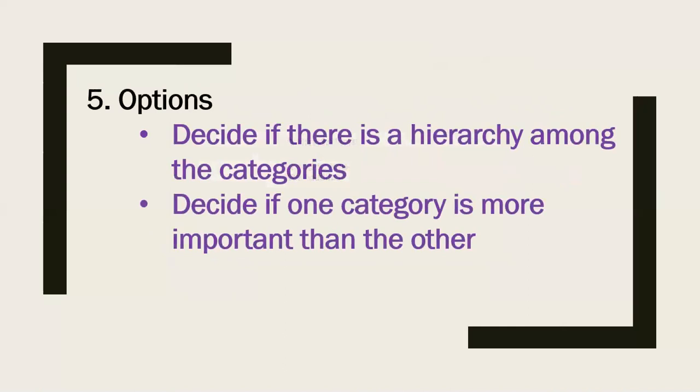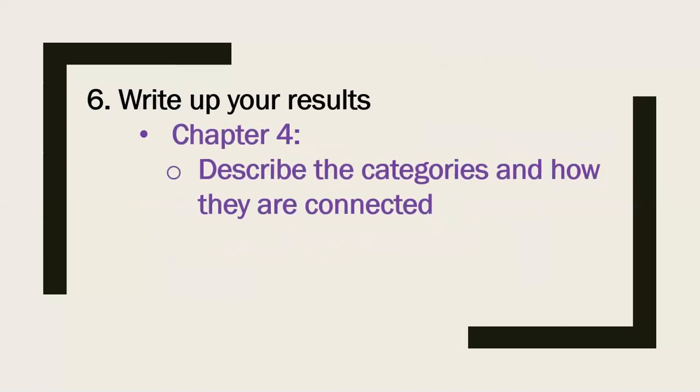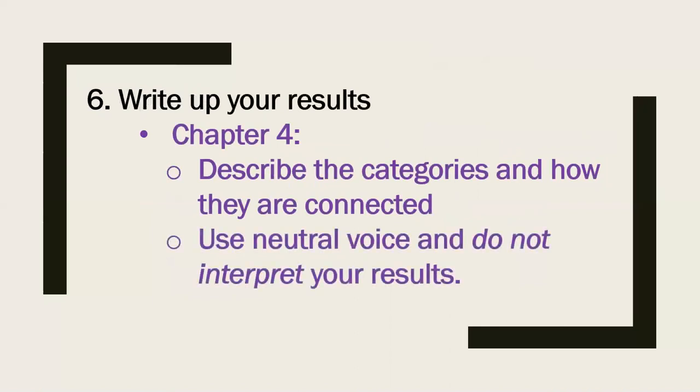because now step 6 is when you write up your results. In chapter 4, describe the categories and how they are connected. But be very careful here that you use a neutral voice and do not interpret your results in chapter 4.